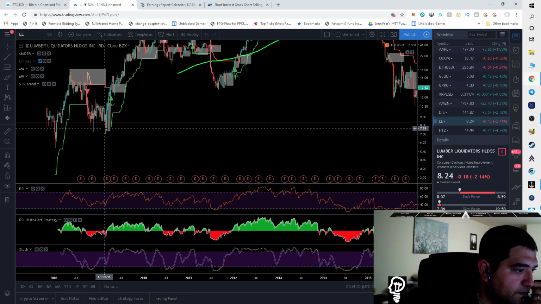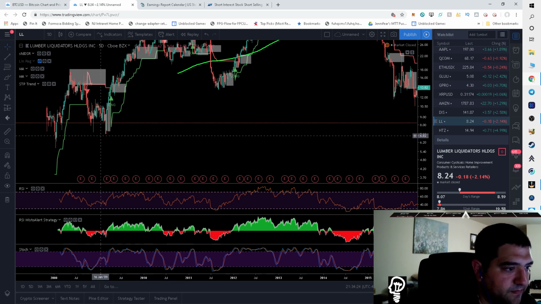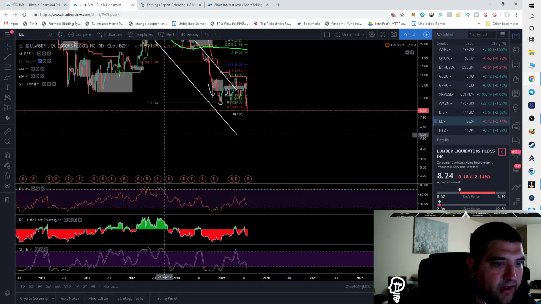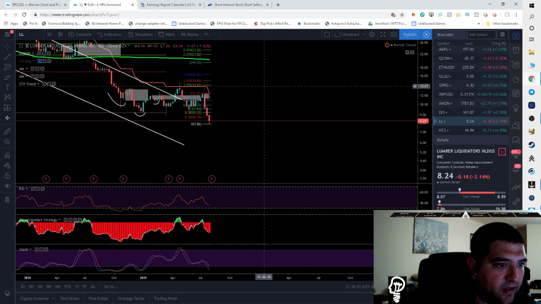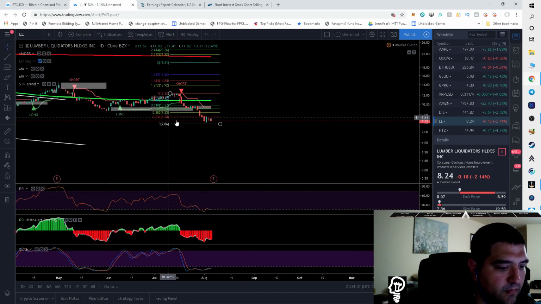Lumber Liquidators is obviously near critical areas of support, which is why I am taking a long position, because I think there is definitely room to move to the upside on this.